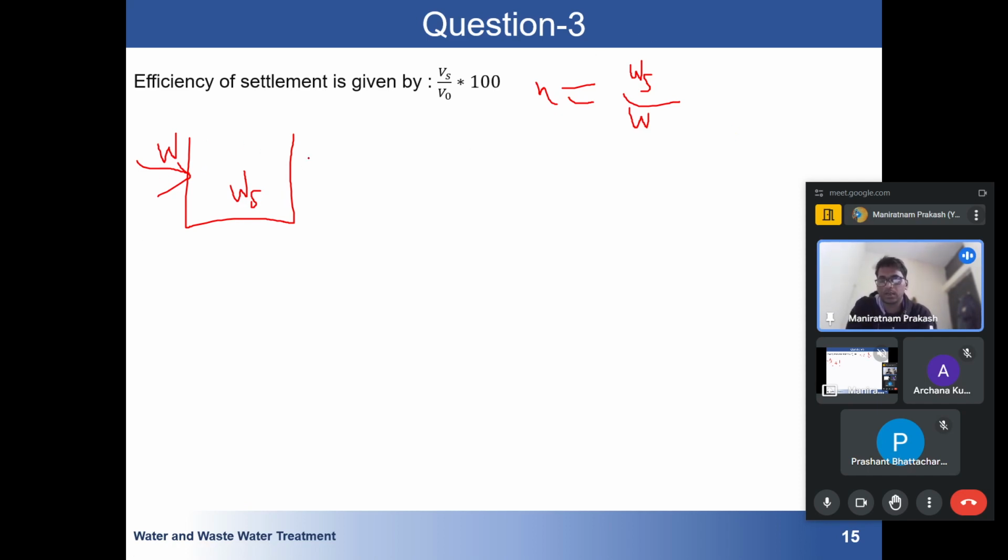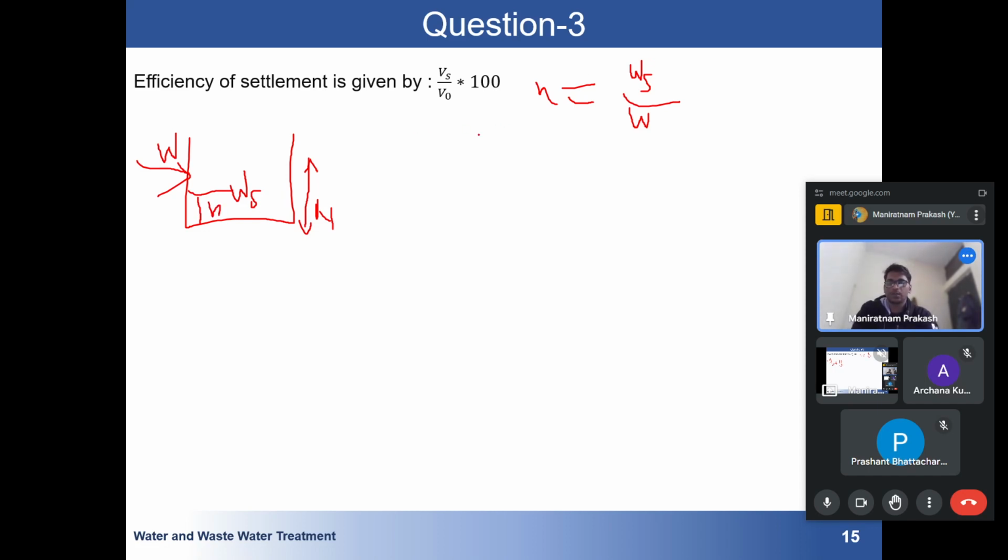Imagine this was the height of your tank, capital H, and the settled solid which has settled in the system has a height of small h.